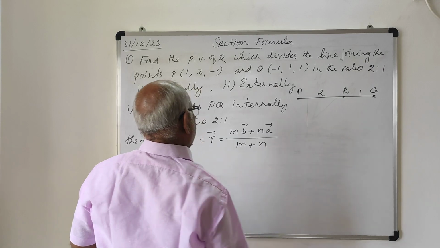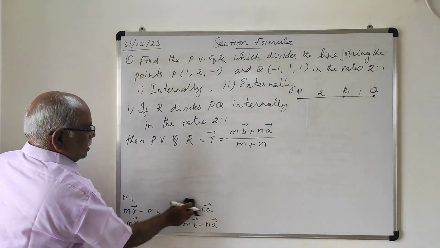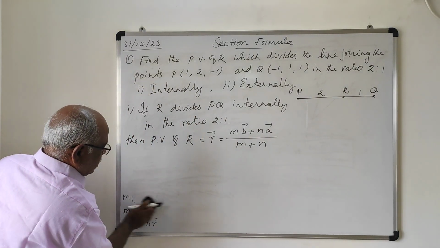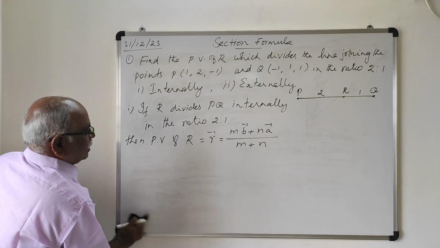This is the internal vector division formula. If the point divides the line internally in the ratio m:n, then (mb plus na) by (m plus n) is the required point.